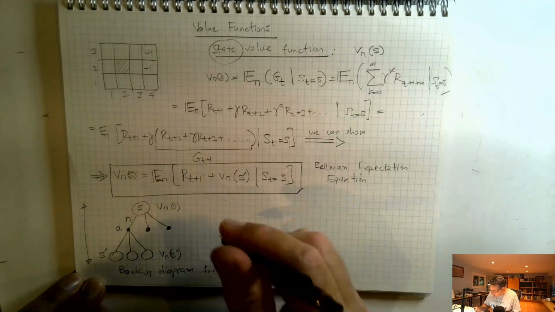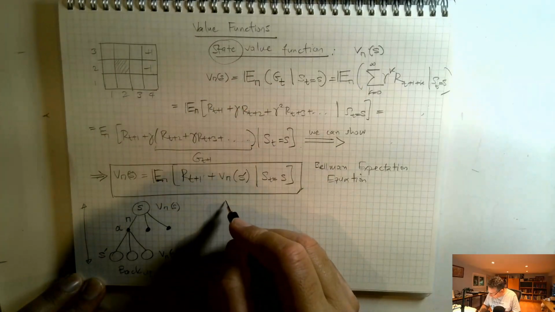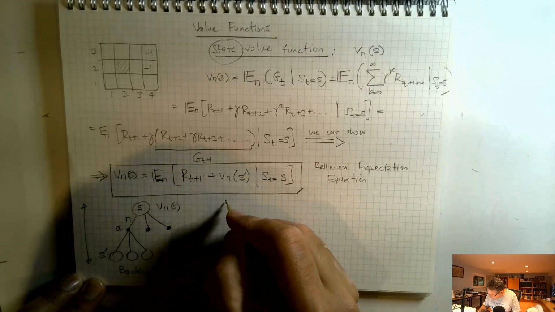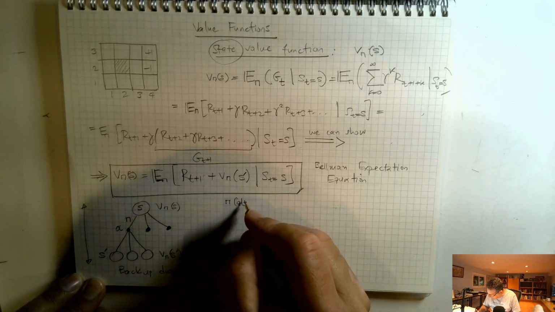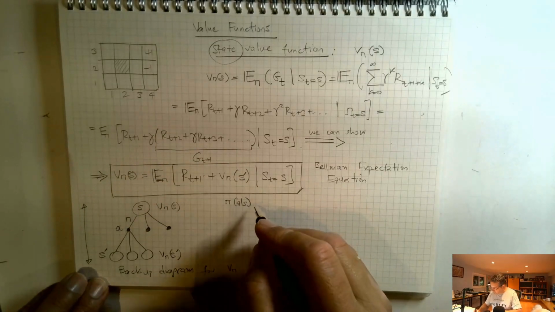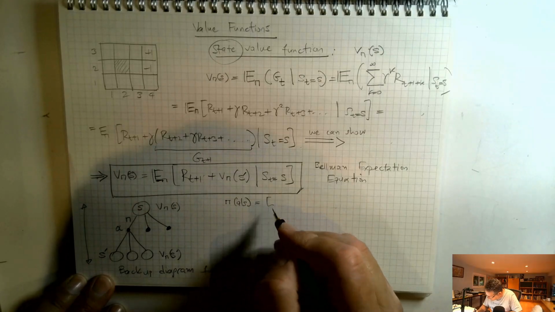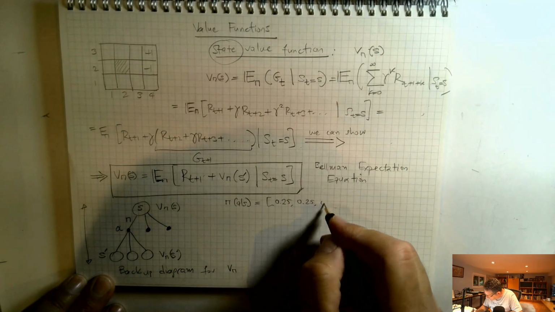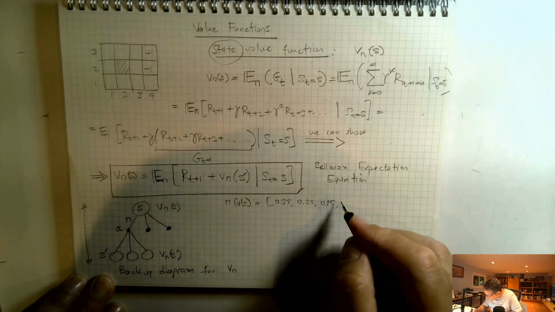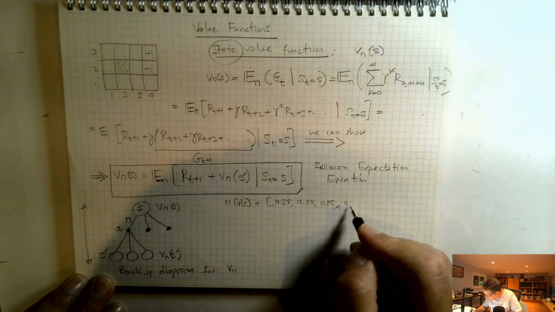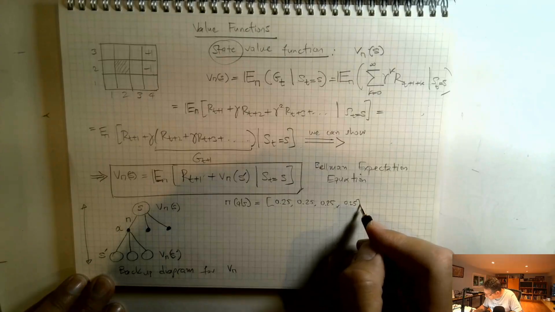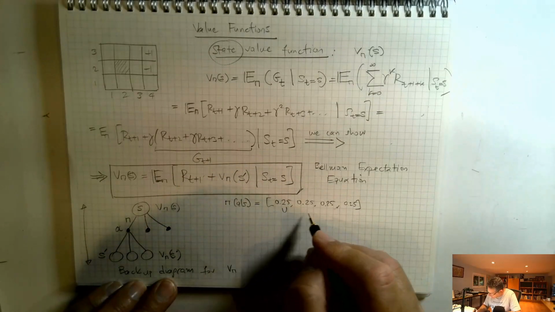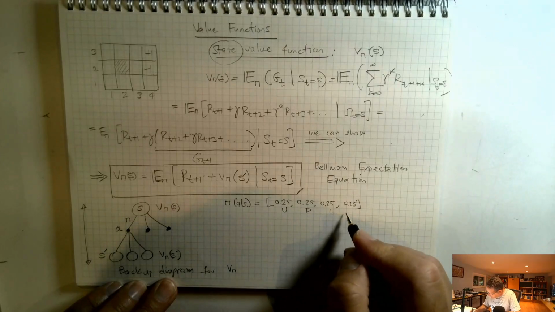In this grid world problem, we may have a policy that we call pi of A given S, and this policy could be 0.25, 0.25, and so on, like 1/4, in other words an equiprobable selection of actions: up, down, left, and right.